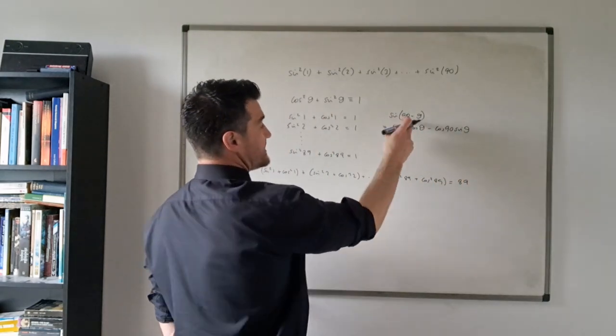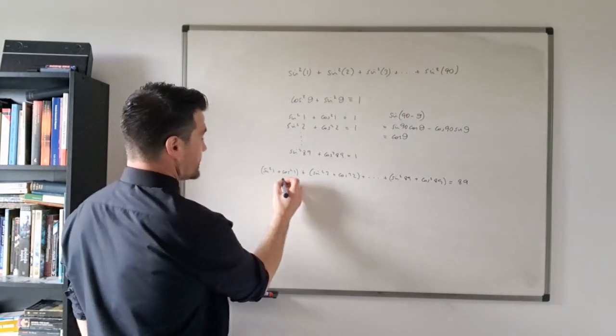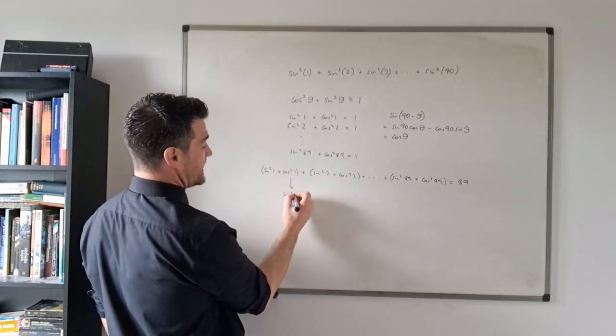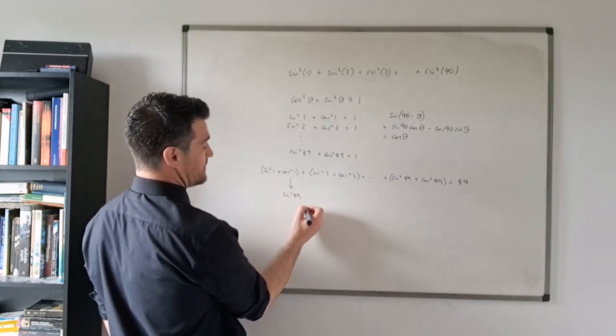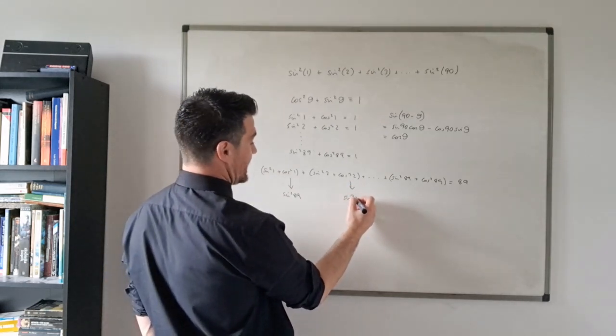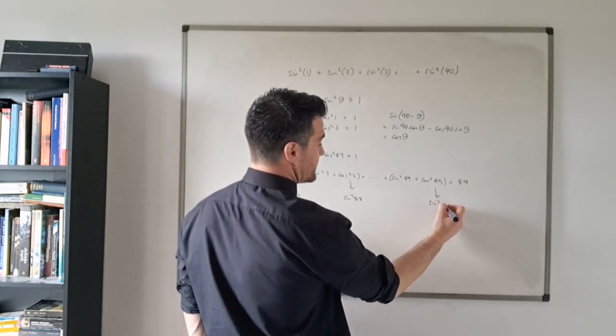In other words, sine of 90 minus theta is equal to cos theta. So therefore, cos squared 1 is going to be equal to sine squared 89. This is going to be equal to sine squared 88. This is going to be equal to sine squared 1.